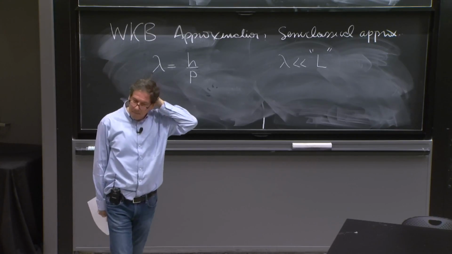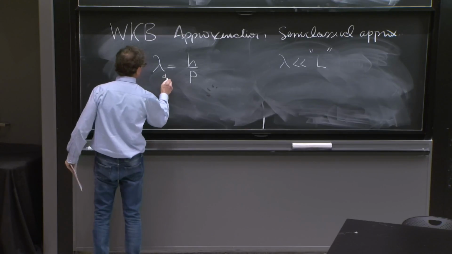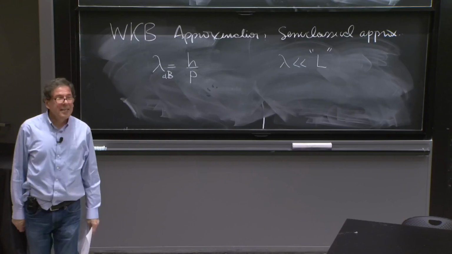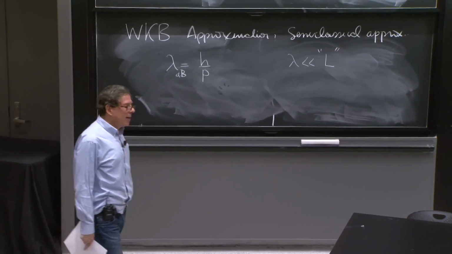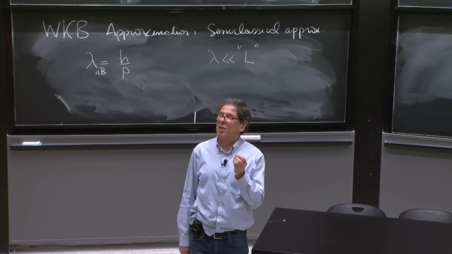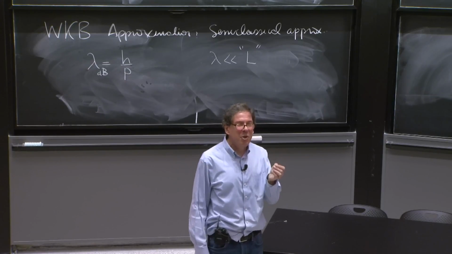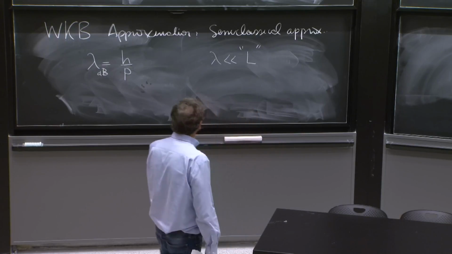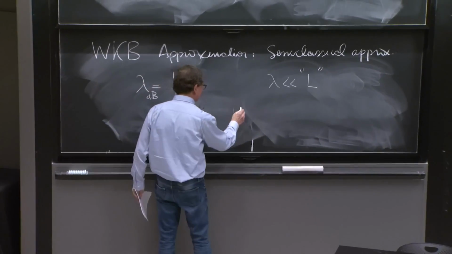The lambda de Broglie. You're taking a quantity with units. h-bar has units, and saying it's small goes against lots of things. Things with units are not supposed to be small. You should compare this with the situation we had before.